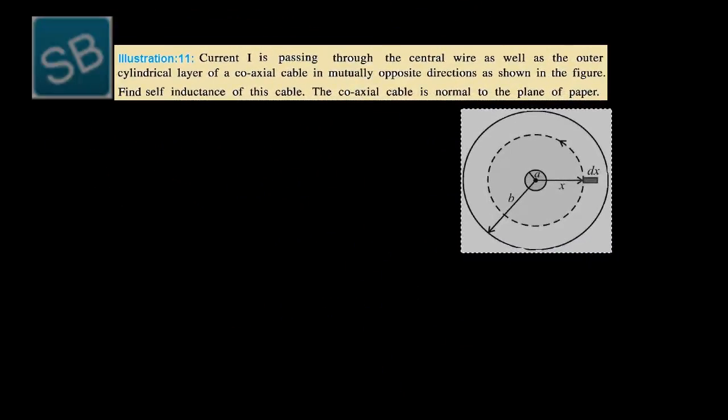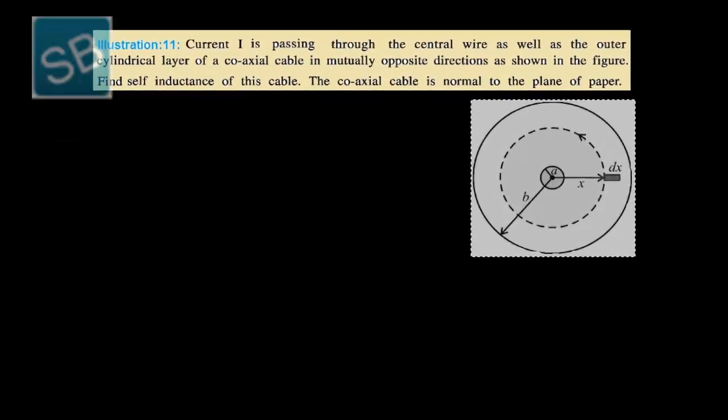Let's start illustration number 11, in which current I is passing through the central wire as well as the outer cylindrical layer of a coaxial cable in mutually opposite directions as shown in this figure. So we have to find out the self-inductance of this cable. First of all, what I am doing is analyzing the figure. Here the current I is passing.